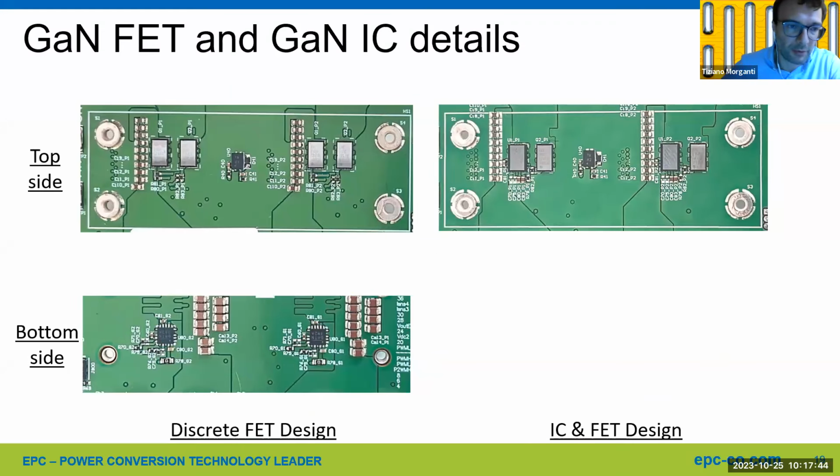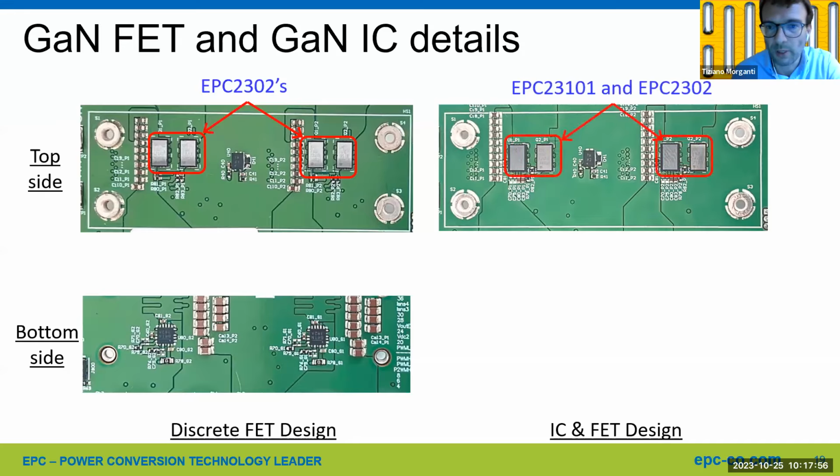So this is an overview of the power stage. So we have the EPC2302 on the 9165. We have the chipset, so EPC23101 and EPC2302 on the EPC9170 board. On the bottom side, only on the discrete FET design, we have the gate driver.